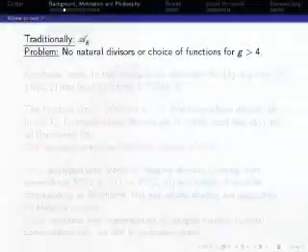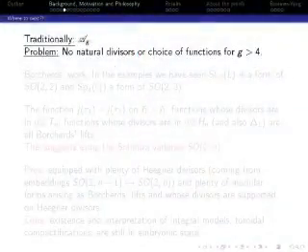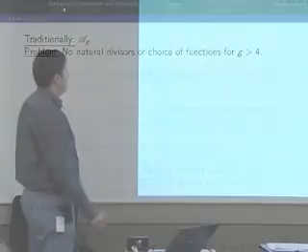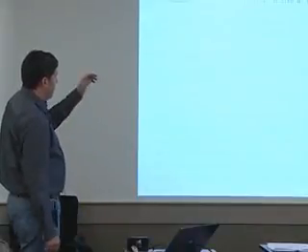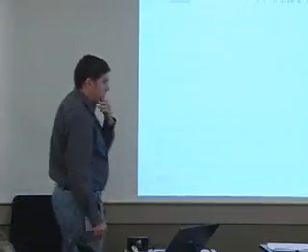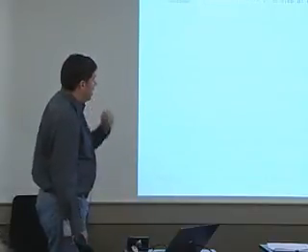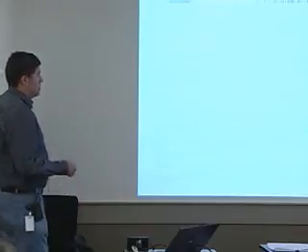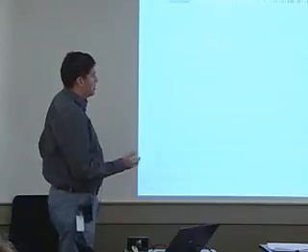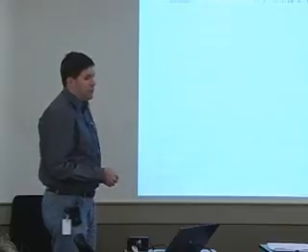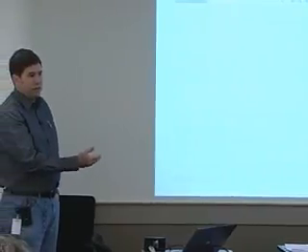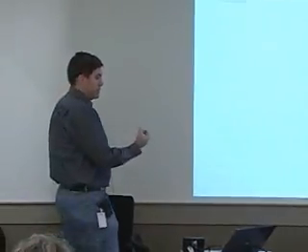Now the question, okay, where to go next? So this slide is a little bit more of a suggestion than results. Traditionally, people have looked at AG, the moduli space of G-dimensional principally polarized abelian varieties. But the problem there is that as soon as G is big enough, greater than 4, we don't know anymore a choice of natural divisors like the Humbert divisors or the Hirzebruch-Zagier divisors, stuff like that.